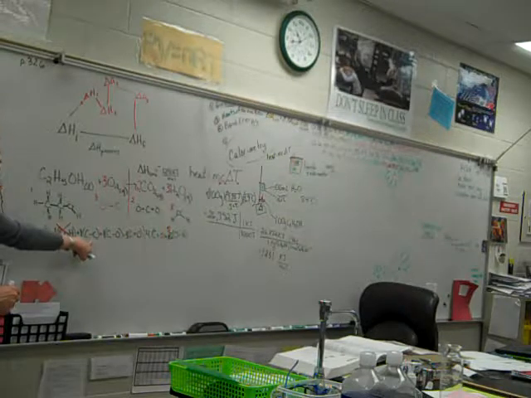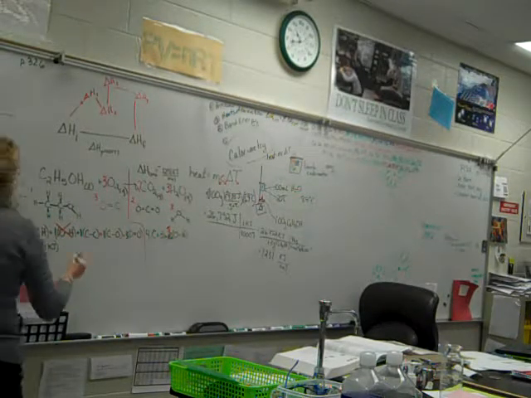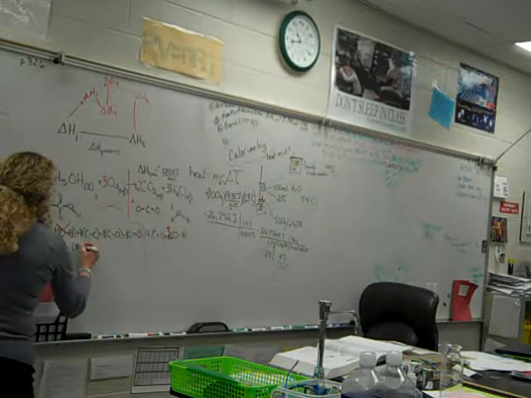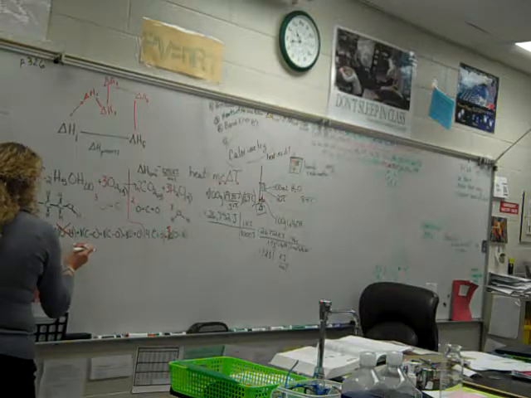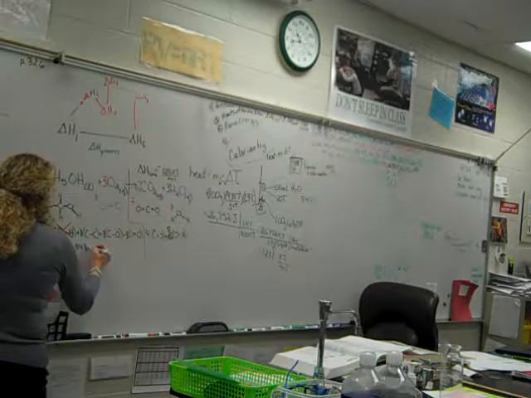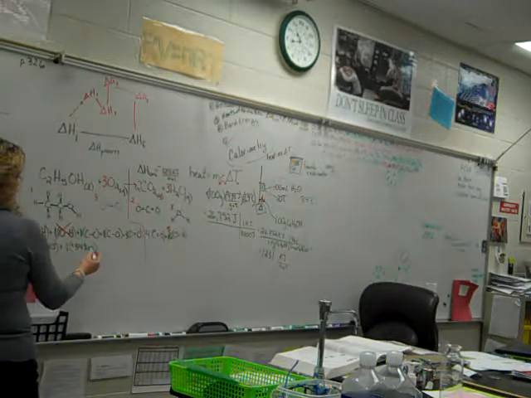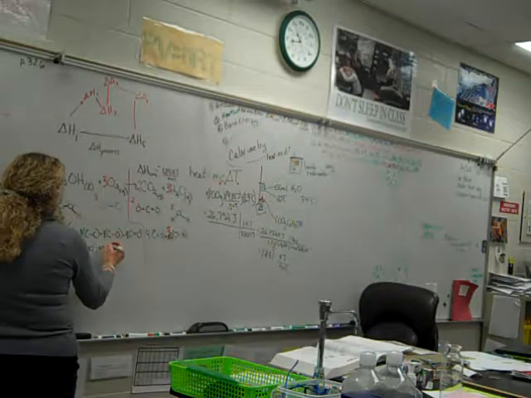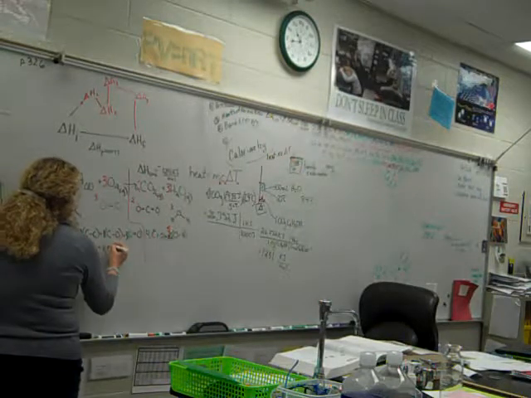What is the value for a CC? 348. We're going to give it a plus sign. Yes, it's in kilojoules, and we only have one of those. What's a CO? 358. We're going to give it a plus.